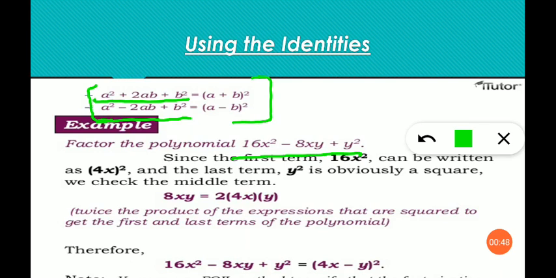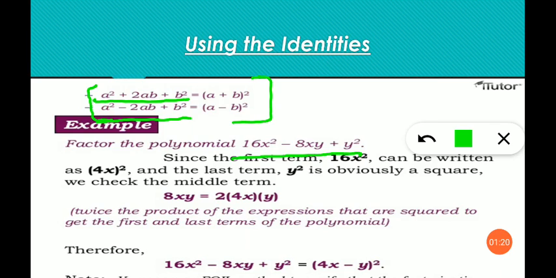Suppose, students, the polynomial consists of only one variable, then you have to arrange the variable with decreasing power of the variable. But if the polynomial has two variables, then we arrange it in decreasing power of any one variable.